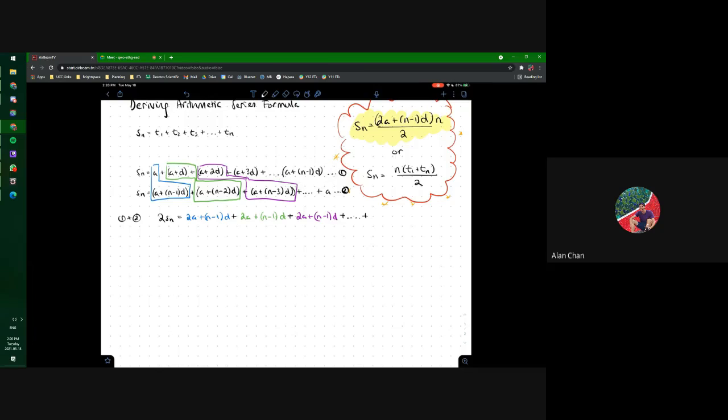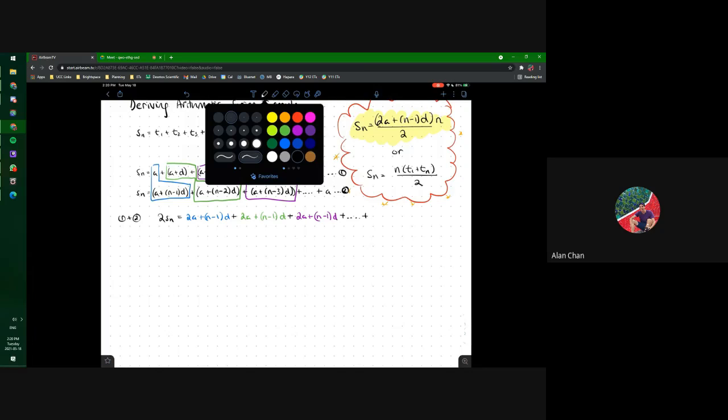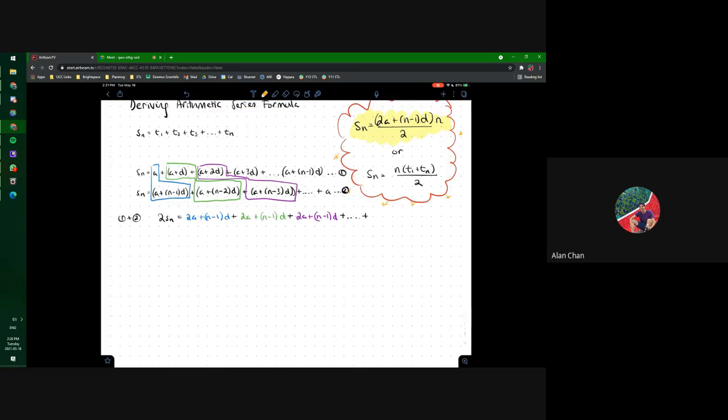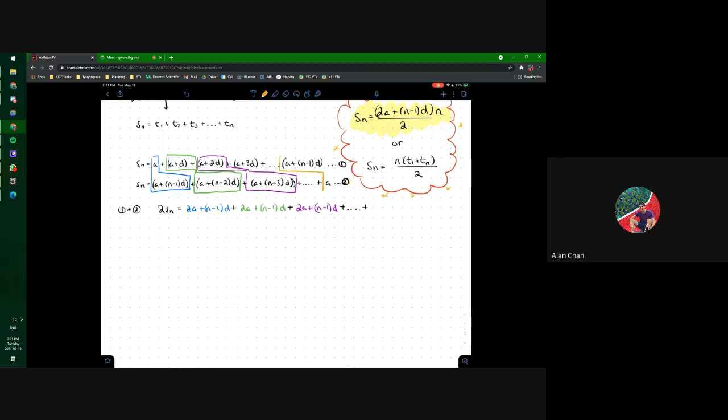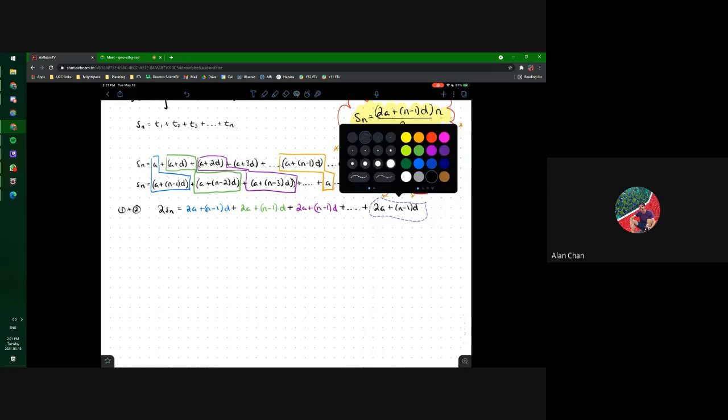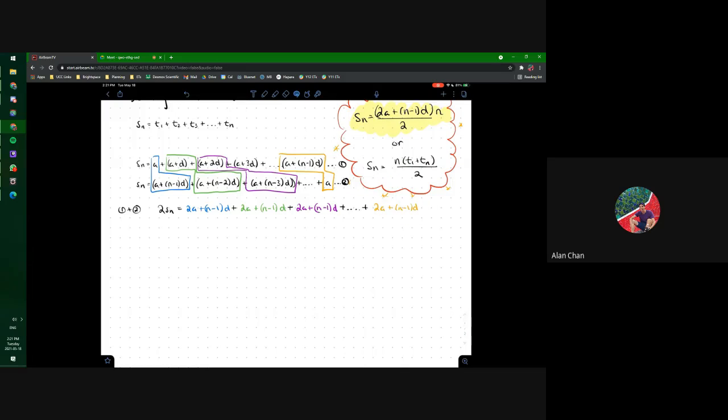What happens when we add the last terms together? Let me highlight it for fun. Let's use orange. If we add these two together, we will get 2A plus (n minus 1)D, which I forgot to put in orange. My bad. Let's do that in orange. Okay, and now it's very beautiful.